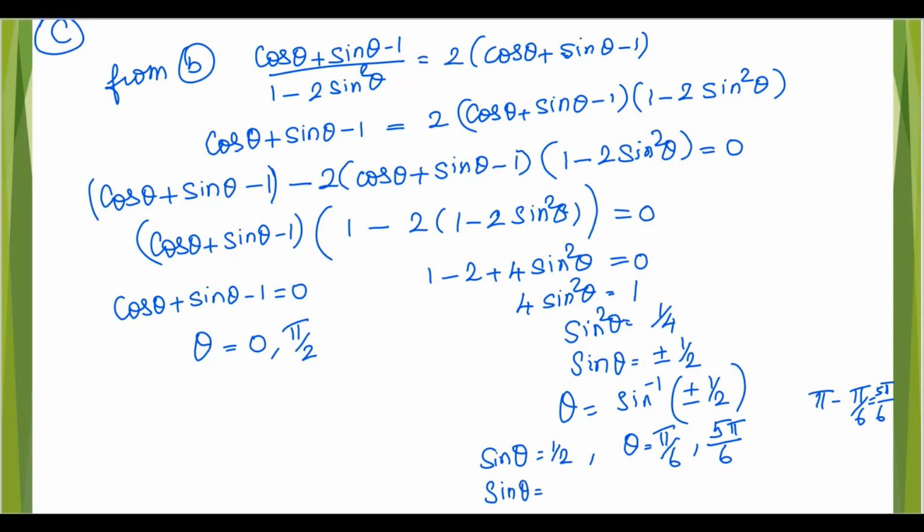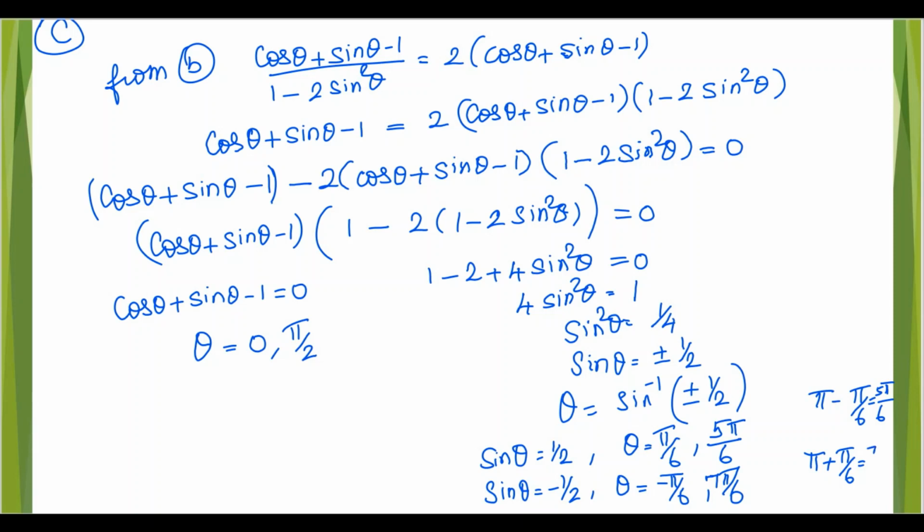When sin theta equal to negative 1 over 2, we get theta value as negative pi over 6, and we get 7 pi over 6. So this is minus, so we are getting plus pi over 6.